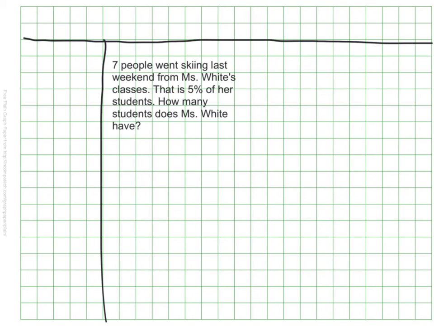Here's one more to try. 7 people went skiing last weekend from Miss White's classes. That is 5% of her students. How many students does Miss White have? I'm going to just make these boxes, and I'm going to ask you to go ahead and set this up as you see fit.